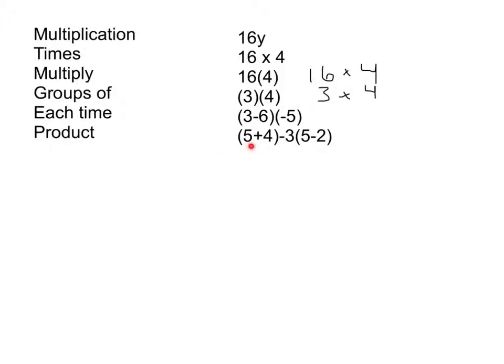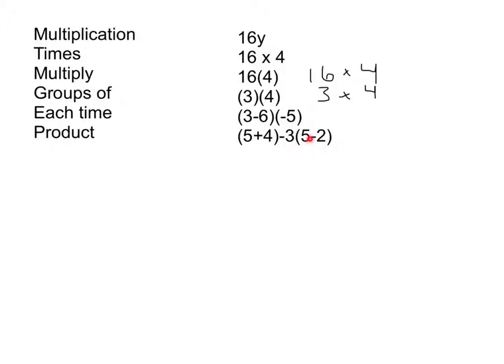Now this type of question confused a lot of you on your quick checks and the test. So you have a bracket, take away 3 times what's in this bracket. A lot of you thought it was this times this times this. This is an operation. It's take away 3. If you wanted to multiply by what's in the brackets, the number always has to be in front.